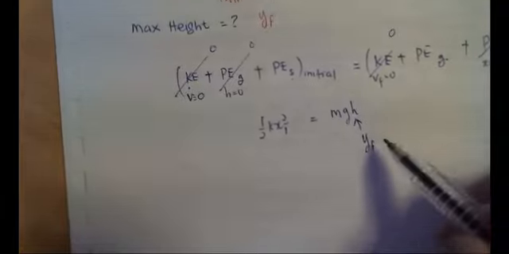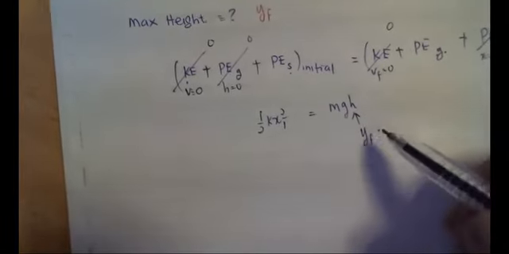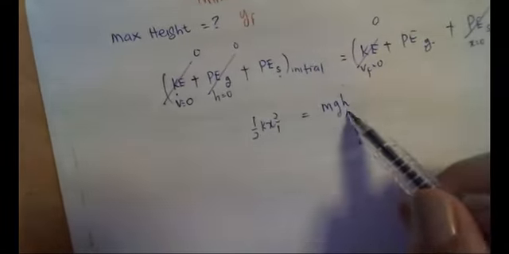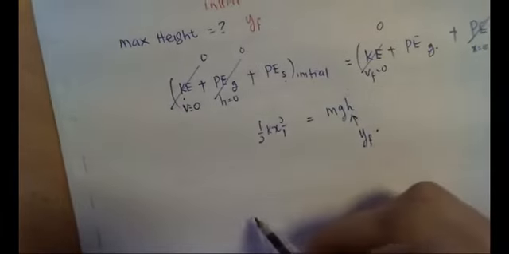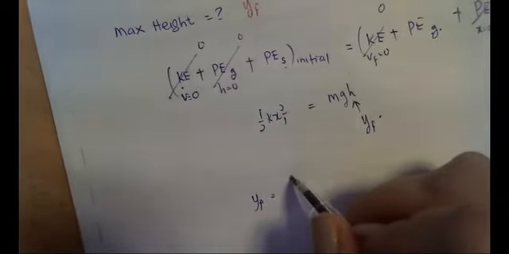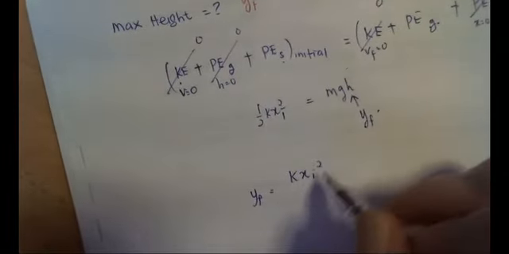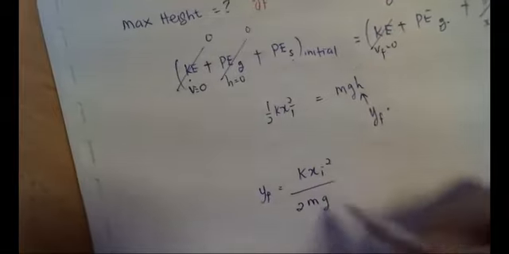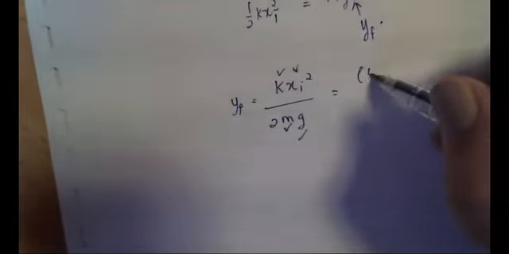By rearranging these equations, you are supposed to get the value of the final position. By rearranging everything, you will get the equation like this. You have your spring constant, your stretch of the spring, your mass and your gravitational acceleration. So substitute every single piece of information that you were given.